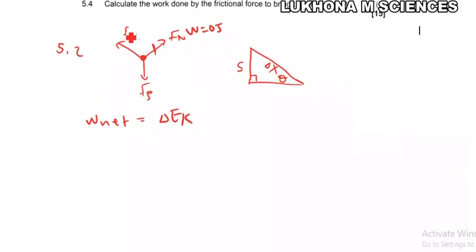Then the net work done is the work done by frictional force plus work done by Fg, which is equal to change in EK.